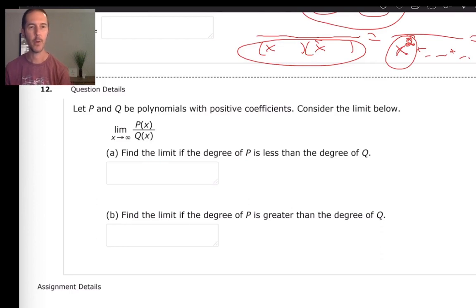And then part B, I really like part A. Part B is equally as valuable but a little less specific. What if the degree of your numerator is the larger of the two? What could you safely say about the horizontal asymptote, or the limit is what you're specifically being asked about here, if the degree of your numerator is larger?